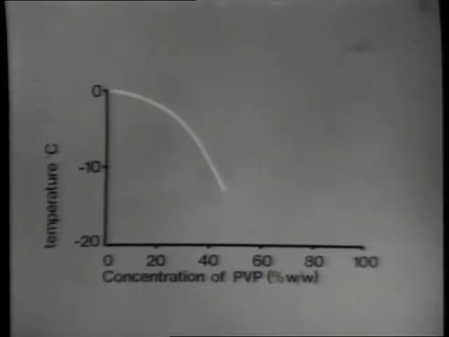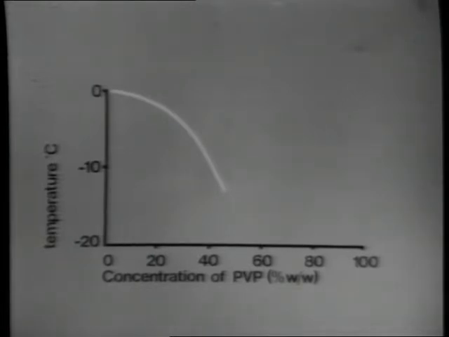Although there is little depression at low concentrations, the curve is markedly nonlinear, and at high concentrations there is a very profound effect. And of course, during freezing, as ice separates, very high concentrations are produced. So one can explain the cryoprotective effect of PVP on this explanation.